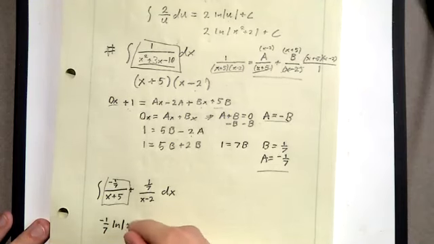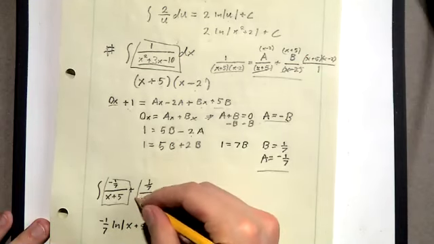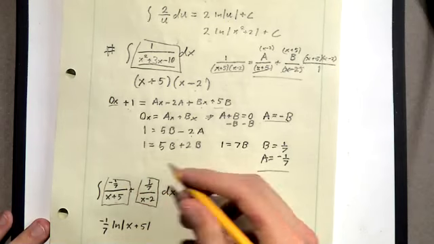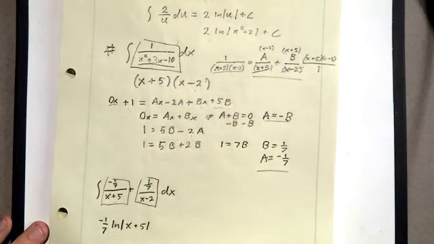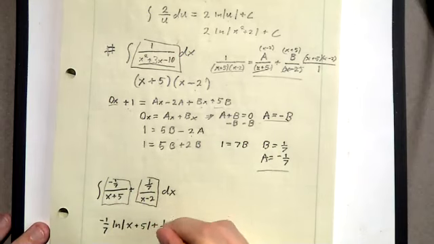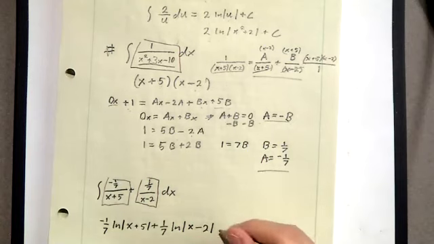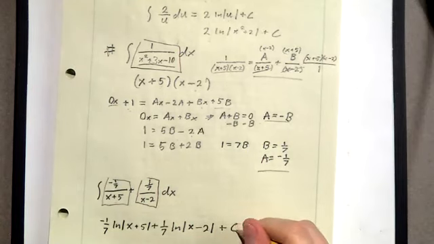So we get x plus 5 inside there. And then same thing for this one. You'll notice I haven't written the plus c yet, because we'll just wait until the end to write that. So we get 1/7 natural log x minus 2. And then finally plus c.